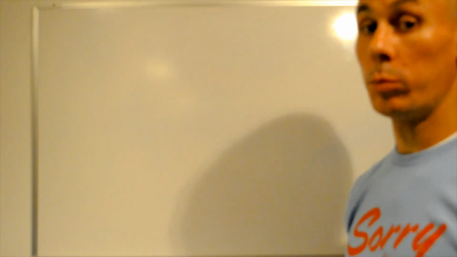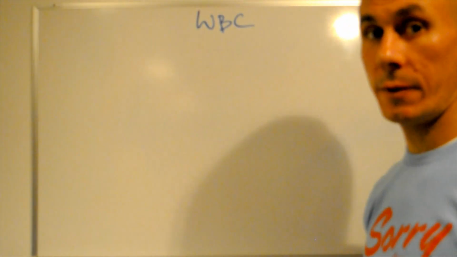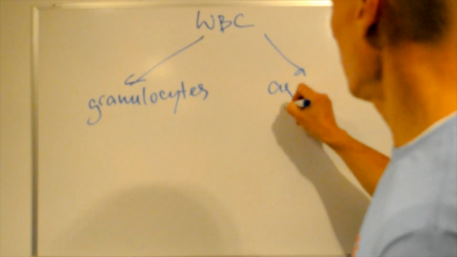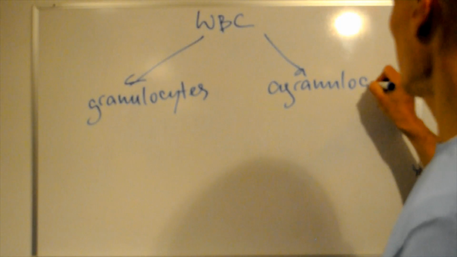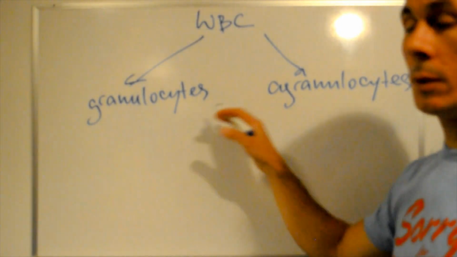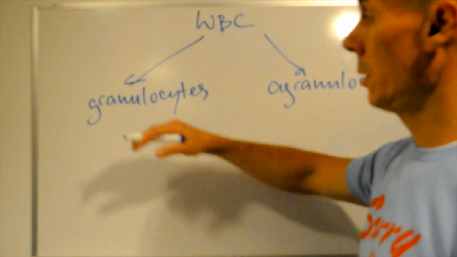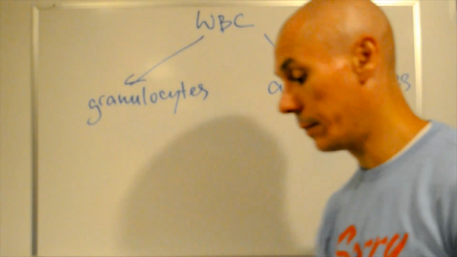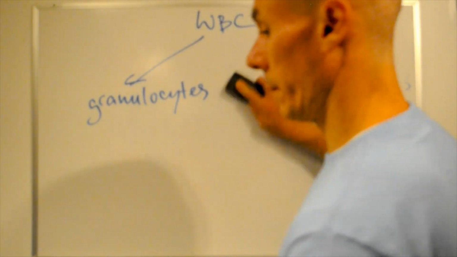Let's talk about white blood cells now. White blood cells can be divided into two major groups: granulocytes and agranulocytes. The difference between the two is that granulocytes have cytoplasmic granules and agranulocytes don't. So let's talk a little bit about major types of granulocytes.